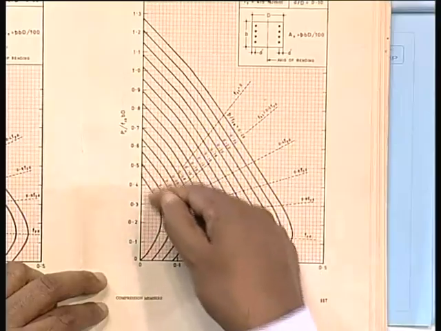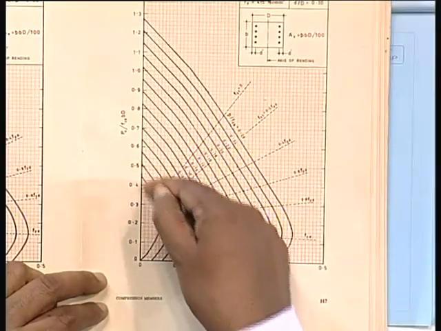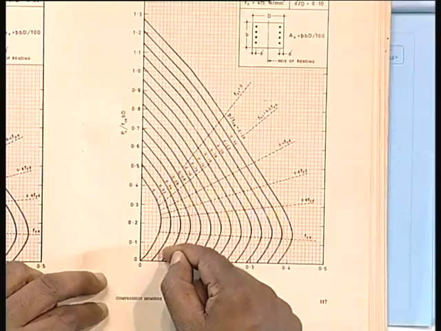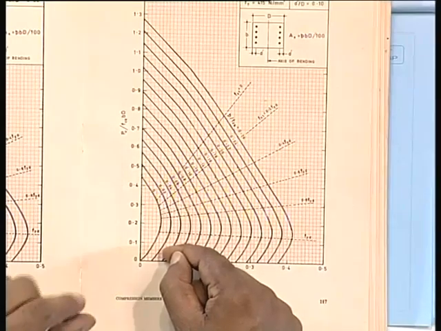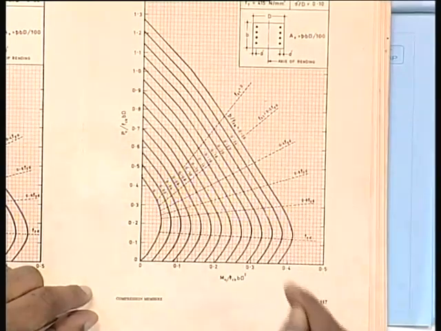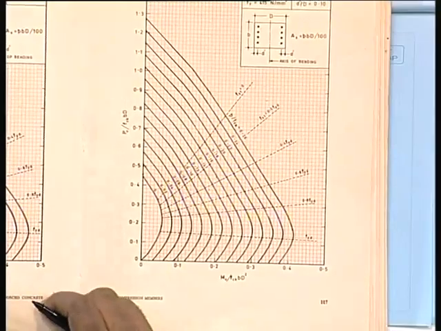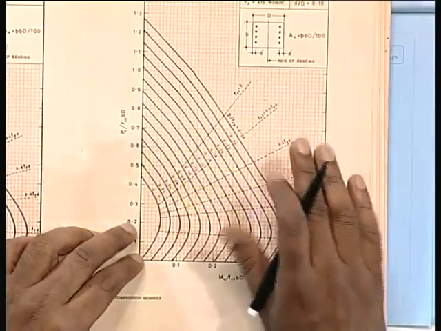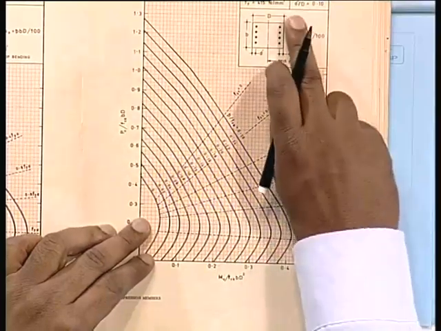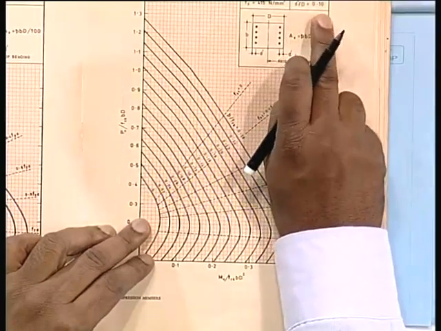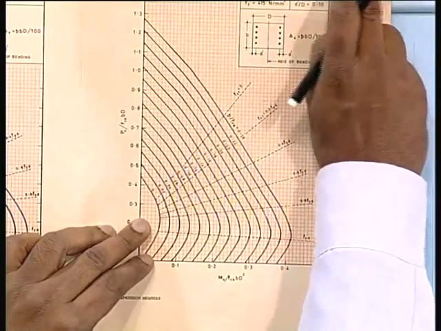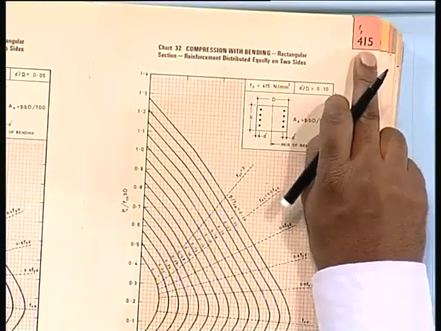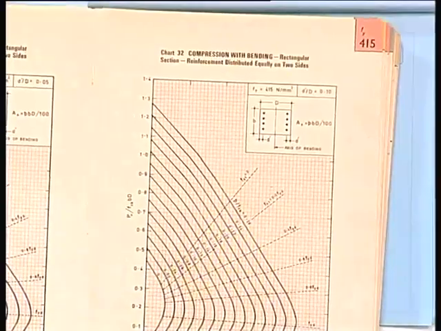These are coming from 0, 0.02, 0.04, that is P by FCK, percent of steel divided by the grade of concrete. So, different ones we have. Now, the values we have got are 0.5 and 0.26, and this is for D dash by D equal to 0.1. Generally, it is written here D dash by D 0.1, and a little away for 415.